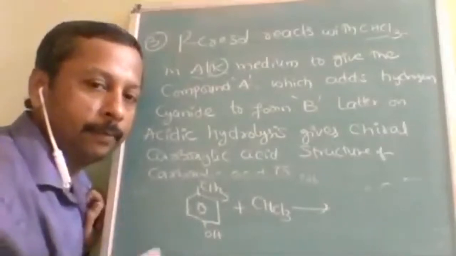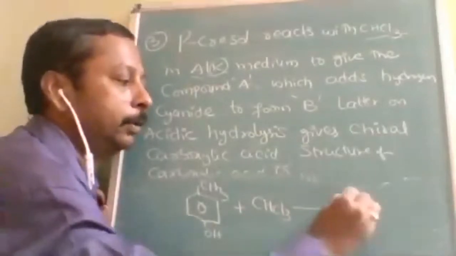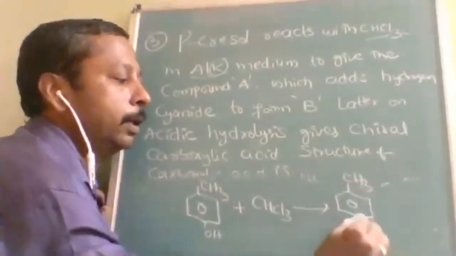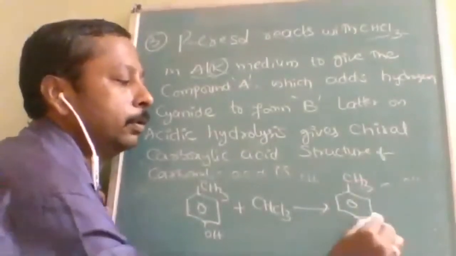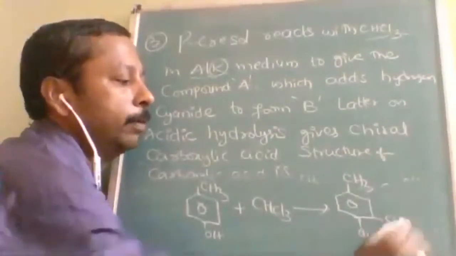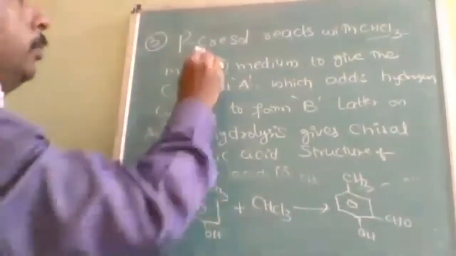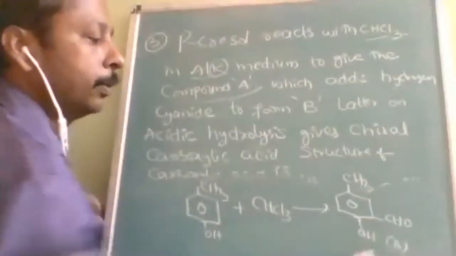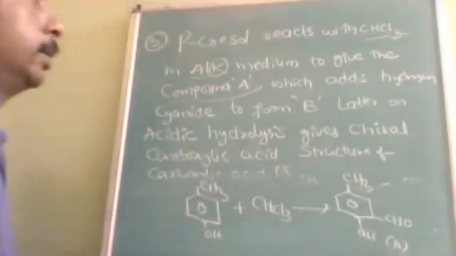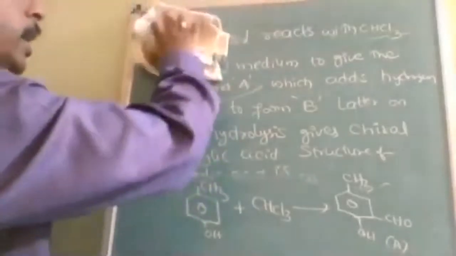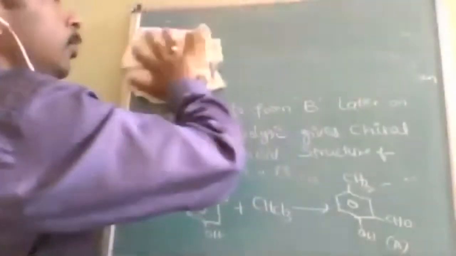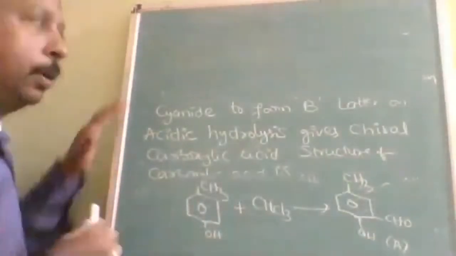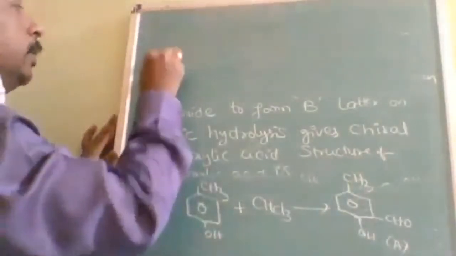That's why the options are very confusing. So this is CH3 and here OH, and at this position it will be CHO. Up to here, is it understood? This is compound A. Now I have to add HCN to this reactant.